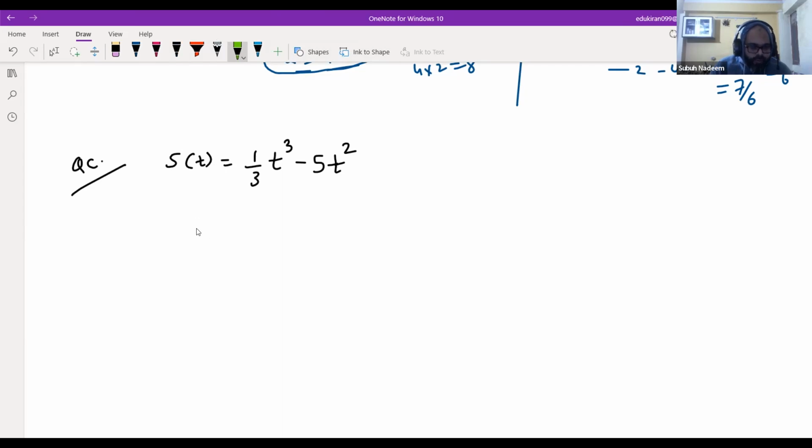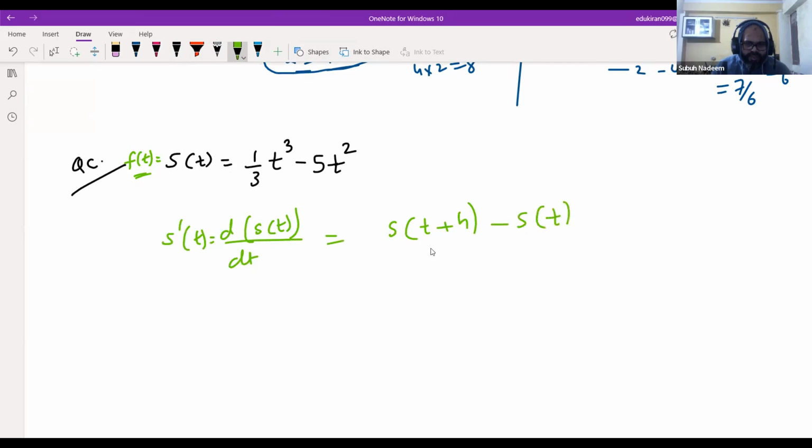So again, if you do, here it is f of t as s of t, right? Variable is t, not x. That does not make any difference. So if you find d of s of t, that is s dash of t, so it will be s of t plus h minus s of t.